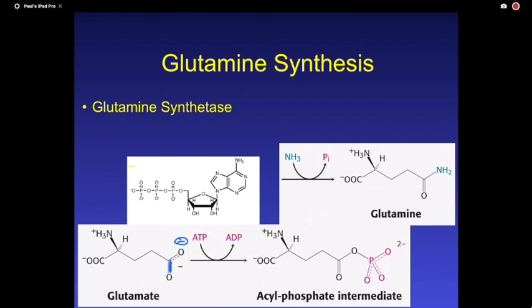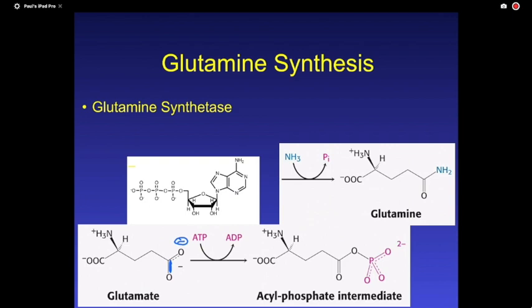ATP, ADP. Does that tell me anything? It's going to attack a gamma phosphate. You can tell where the ATP is attacked by what the leaving group is. Is it ADP? Is it AMP?